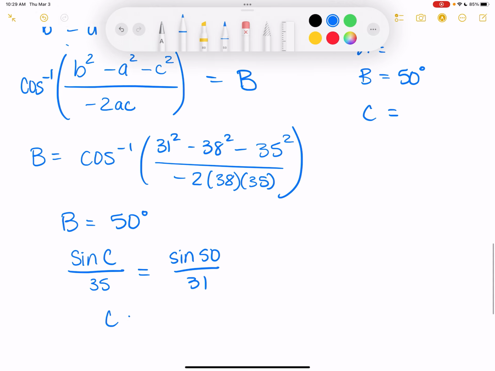So C is equal to the inverse sine of 35 sine of 50 over 31. I mean 60. Yeah, 60 degrees.